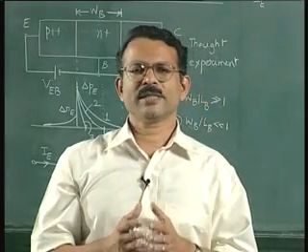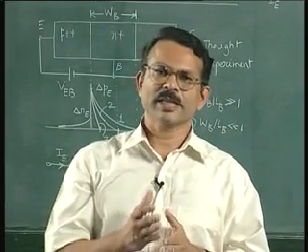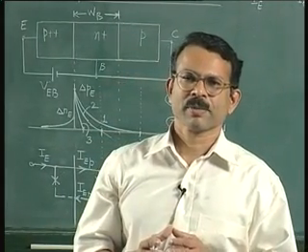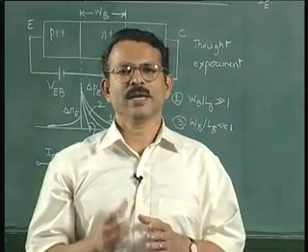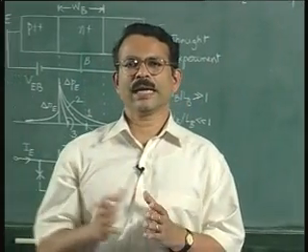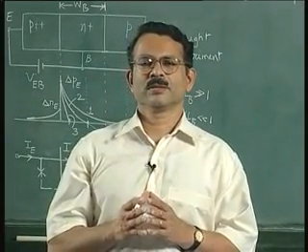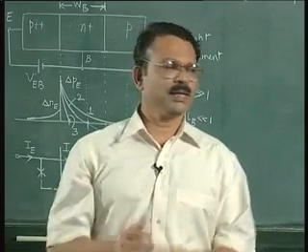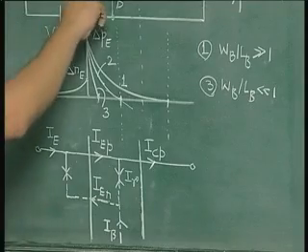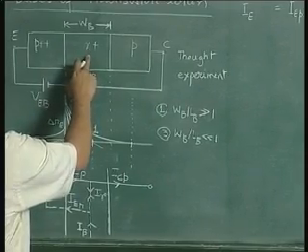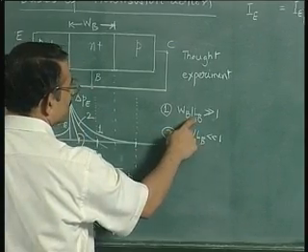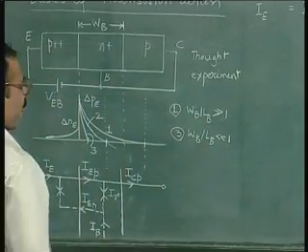You know that the excess carrier distribution decays exponentially, so e power minus x by LP, or x by LB in this case, because LB is the diffusion length of minority carriers in the base.